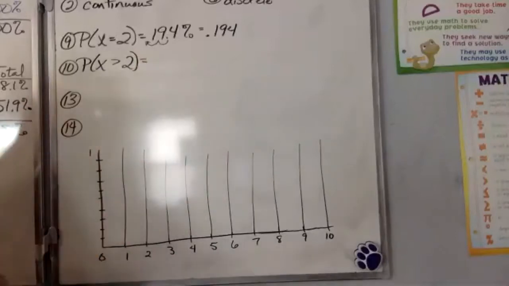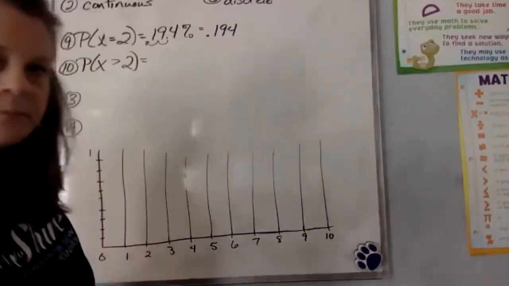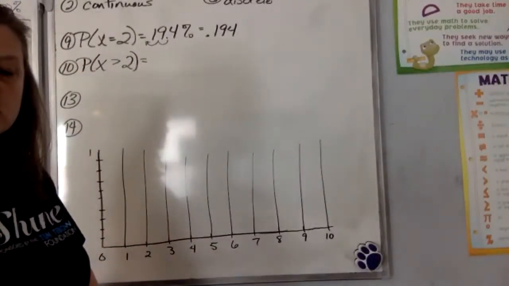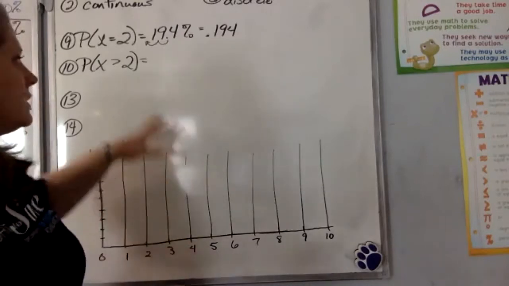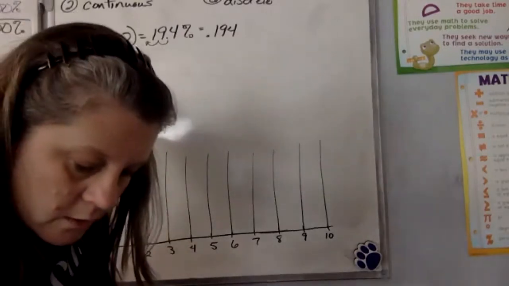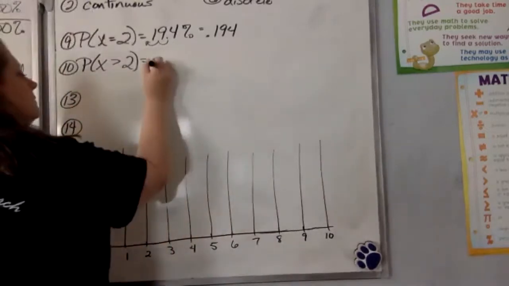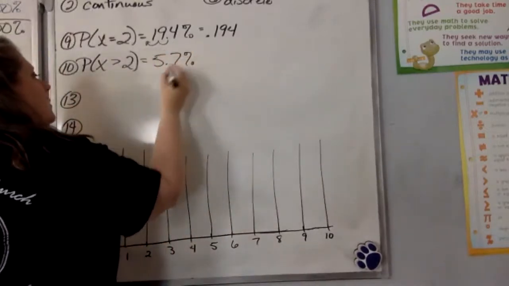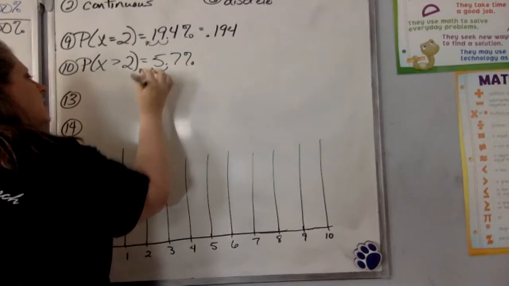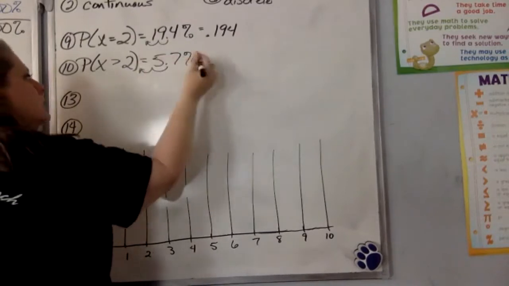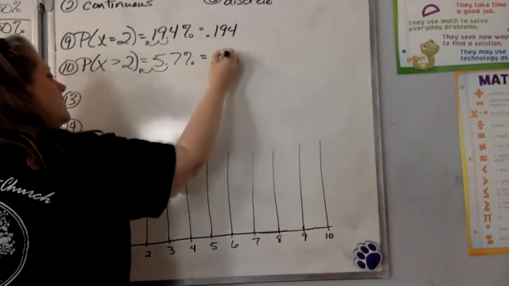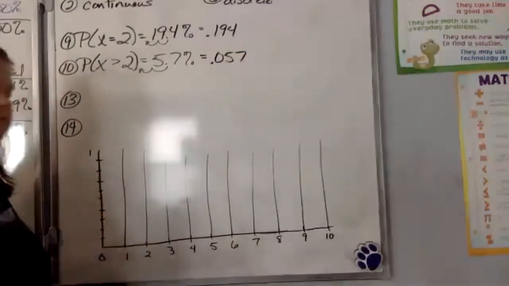So from our table, that just includes which column? The last one. The 3 or more. So the percent on 3 or more was 5.7. When I go back 2 places, I'm going to have to add a what for a placeholder? 0, so it's 0.057.